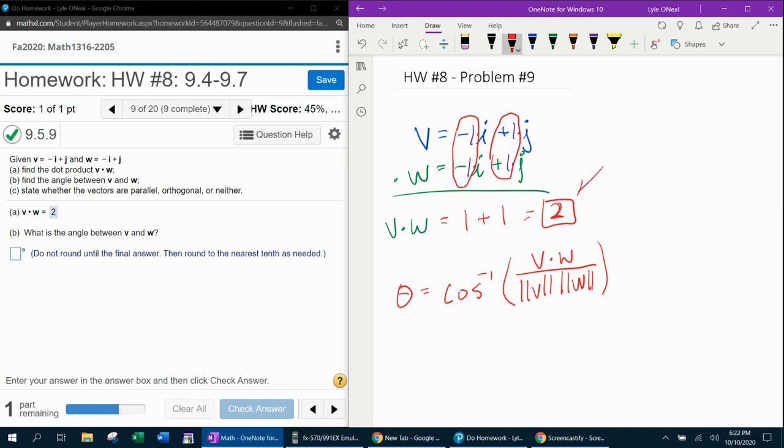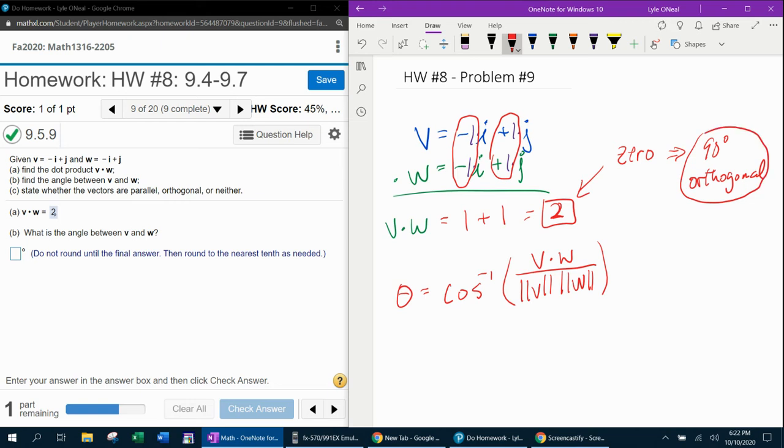So listen to me, if the dot product would have been 0, I would not need to use the formula, because anytime the dot product is 0, the angle is going to be 90, which makes the vectors orthogonal.